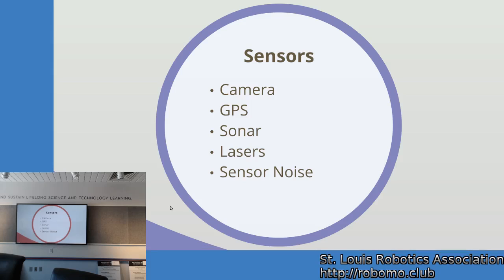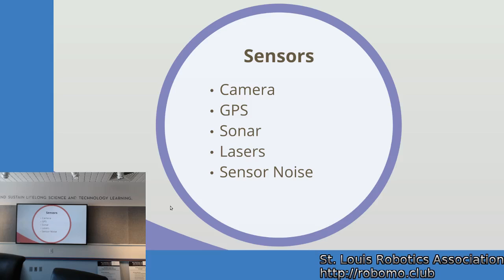So Gazebo has plugins that you can make, so you can create sensors like the cameras, GPS, sonar. You can actually get visual feedback from your cameras if you want to use something that does some kind of visual optical detection. It'll be a little cartoon-like, so I'm not sure how that will simulate the real world. Lasers are really useful. I've used that one a bunch. Sensor noise is also another really useful thing that Gazebo does.